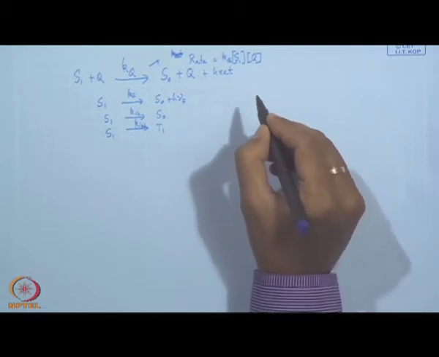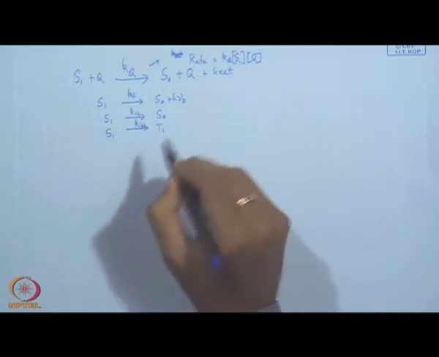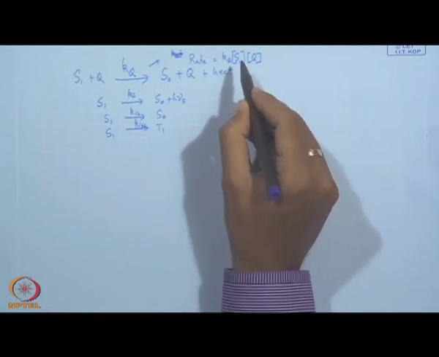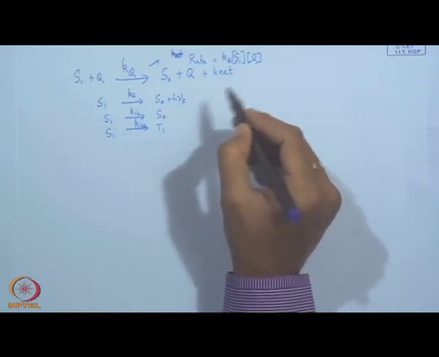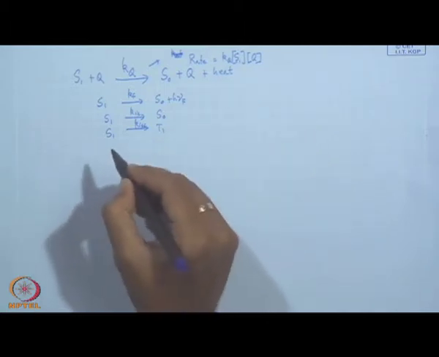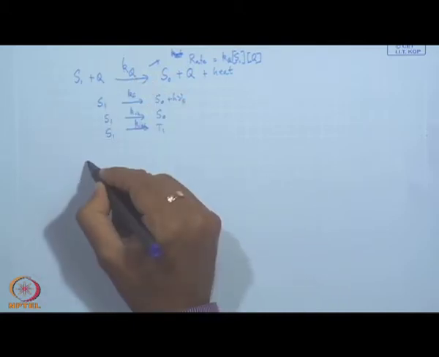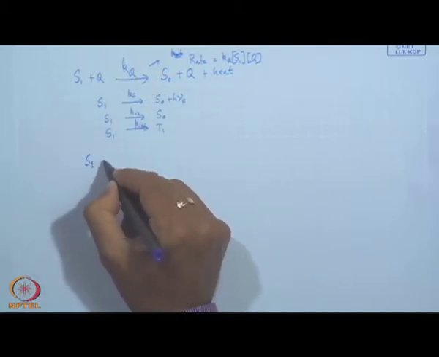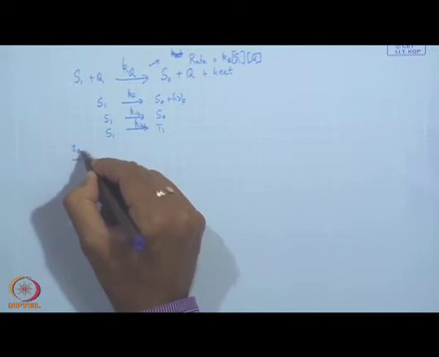If you apply the steady state approximation to all these species, S1 is generated via Ia.